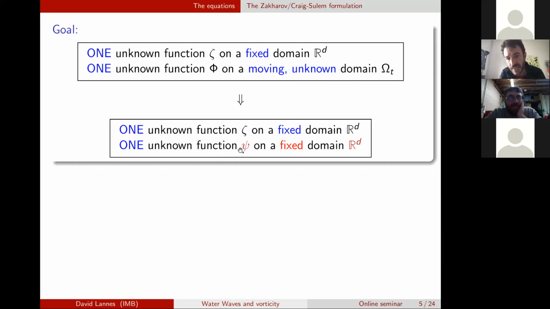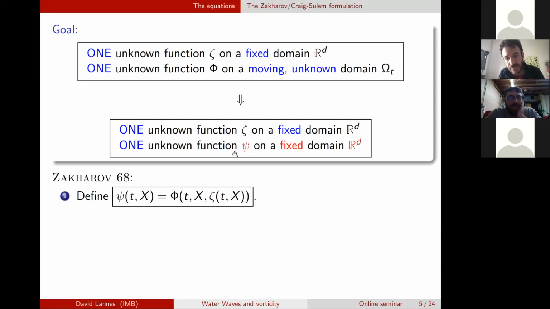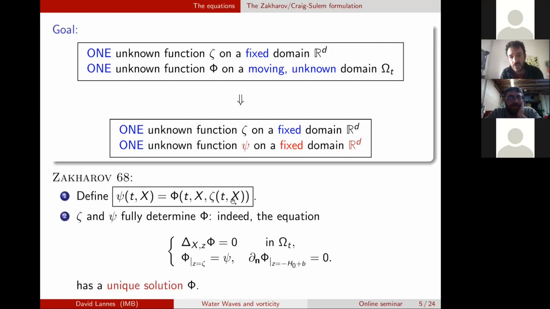So the trick to do this, it was remarked by Zakharov more than 50 years ago, is to say that if you define psi as the trace of the velocity potential at the surface, so at z equal to zeta, then you can fully solve for the velocity potential, since you know that it is a harmonic function in the fluid domain, that by definition its trace at the surface is psi, and that by the impermeability condition, the normal derivative is 0 at the bottom.